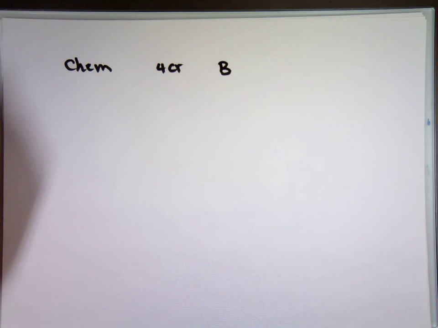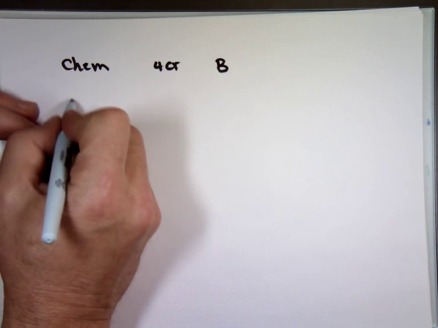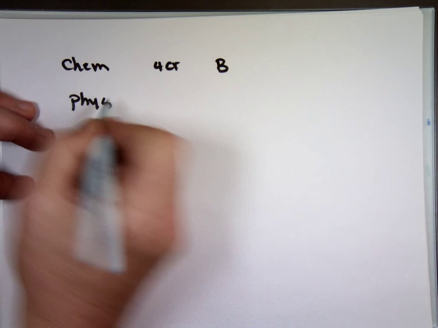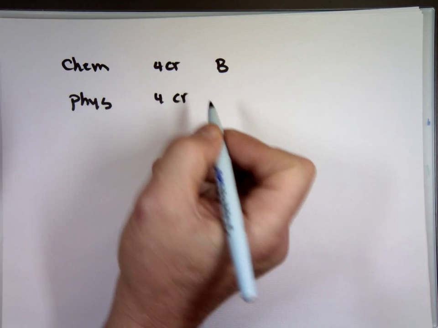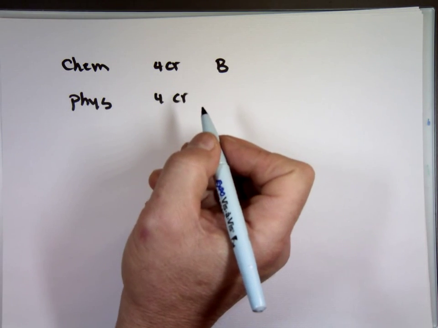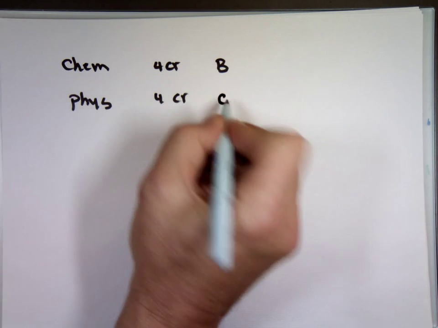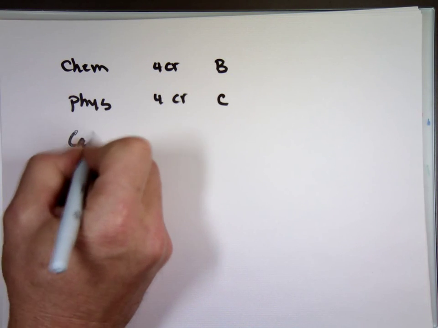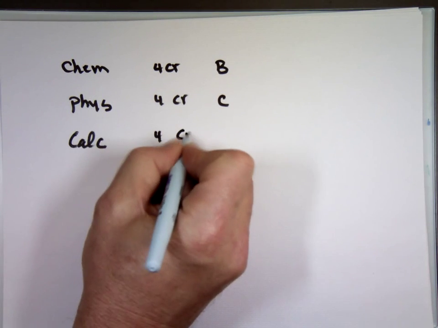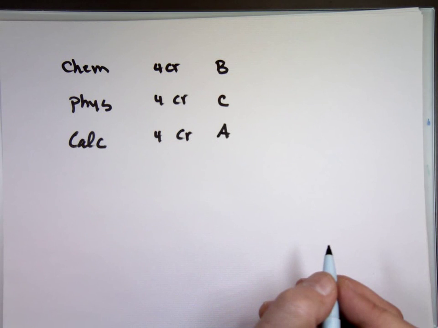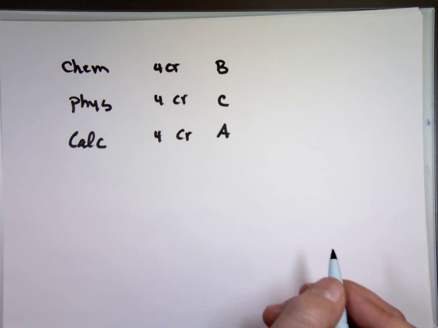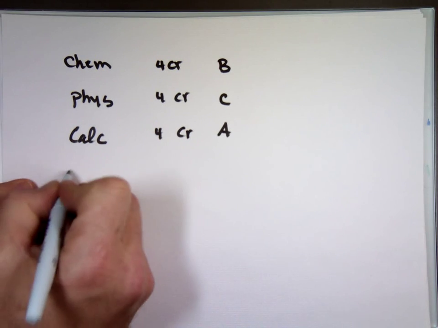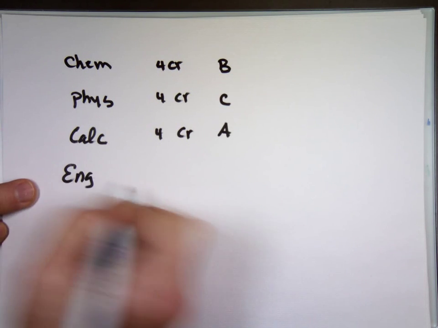Now physics, 4 credits, and let's say a C here. Calculus, 4 credits, A, especially if you have Burns. And now we're going to take one more class, and that is English Comp 1, 3 credits, and you got a B.